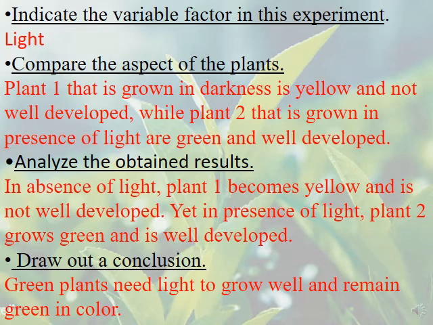Compare the aspects. Plant 1 that is grown in darkness without the sunlight is yellow and not well developed, while plant 2 that is grown in the presence of light was green and well developed. Analysis. So in the absence of light, plant 1 becomes yellow and it's not well developed.